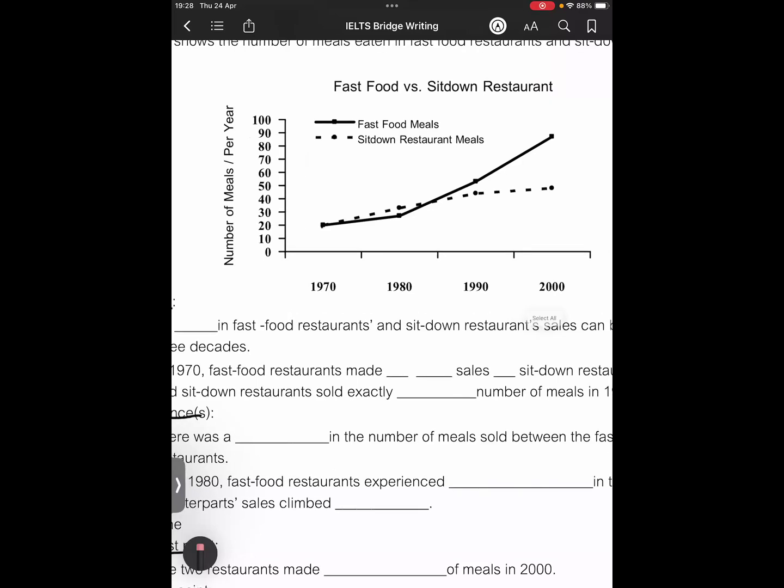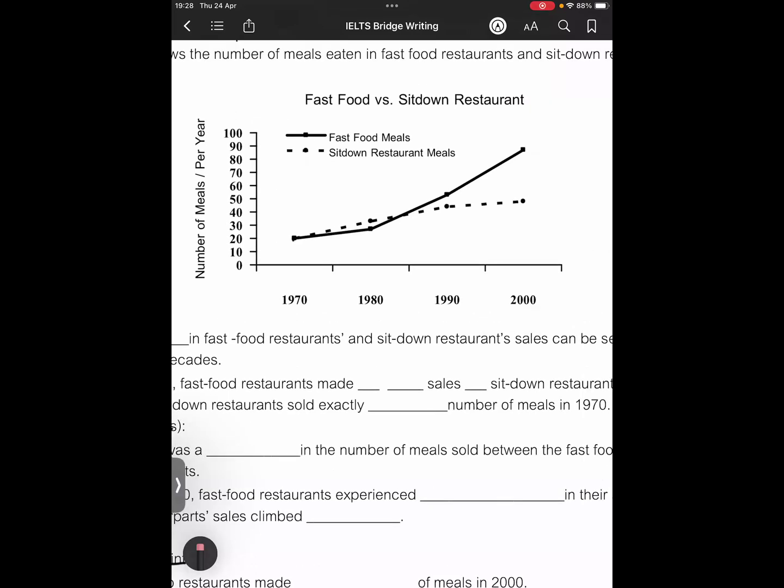So in this case here, we notice that during the first 10 years, sit-down restaurants were taking the lead. So they were having greater sales than the counterparts. But after 1980, it became the fast food restaurant that took the lead, right?